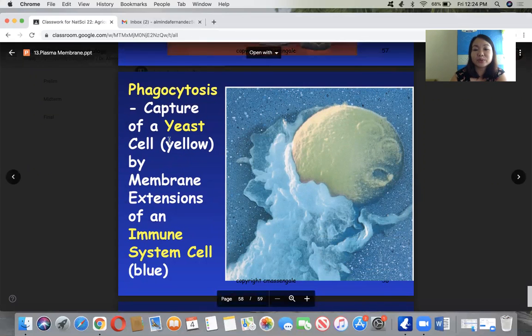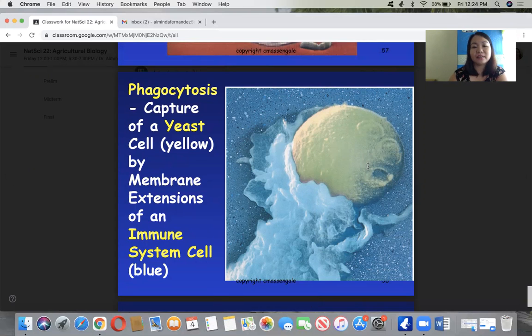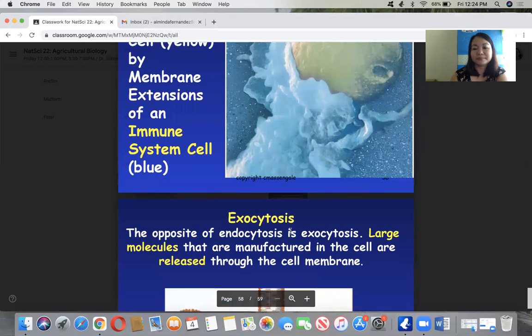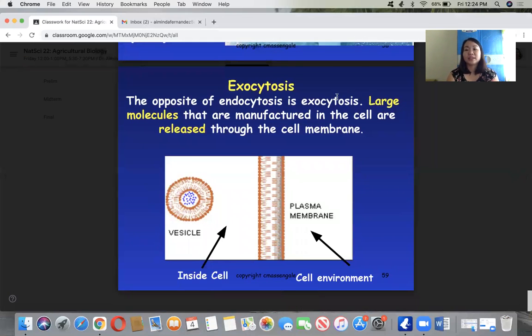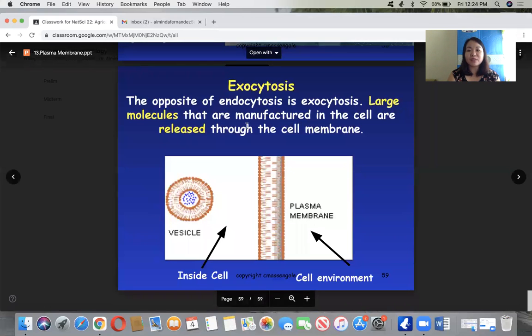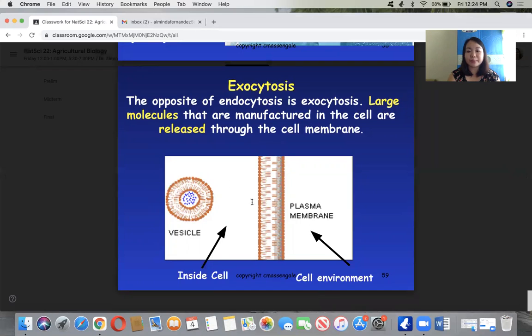Here is phagocytosis capturing yeast, the yellow cell, by membrane extensions of an immune system cell, the blue cell. Exocytosis is the opposite of endocytosis. Large molecules that are manufactured in the cell are released through the cell membrane. Inside the cell are vesicles and the plasma membrane is outside the cell.